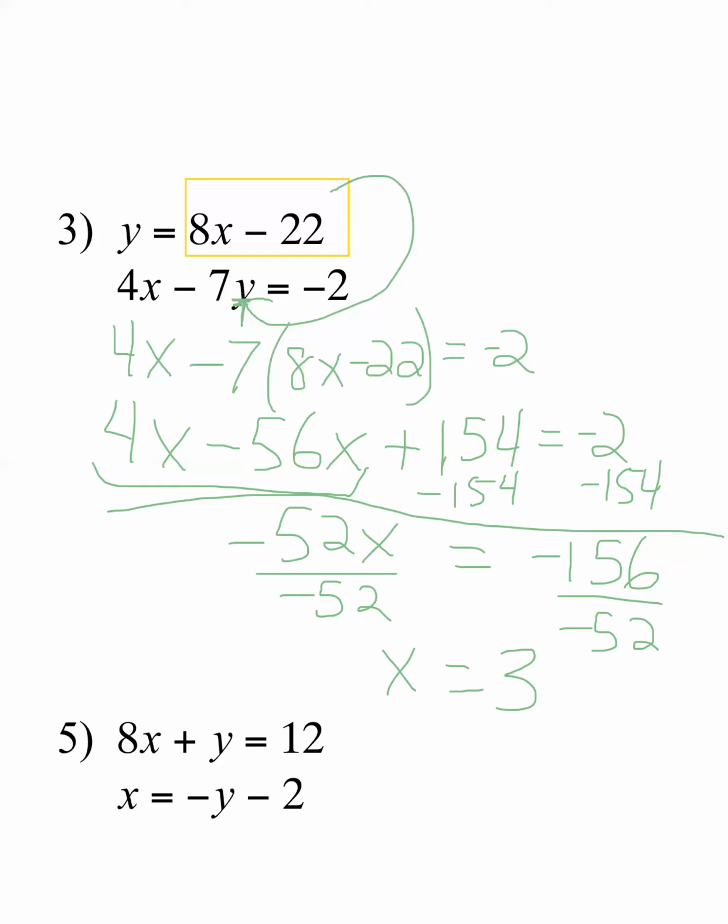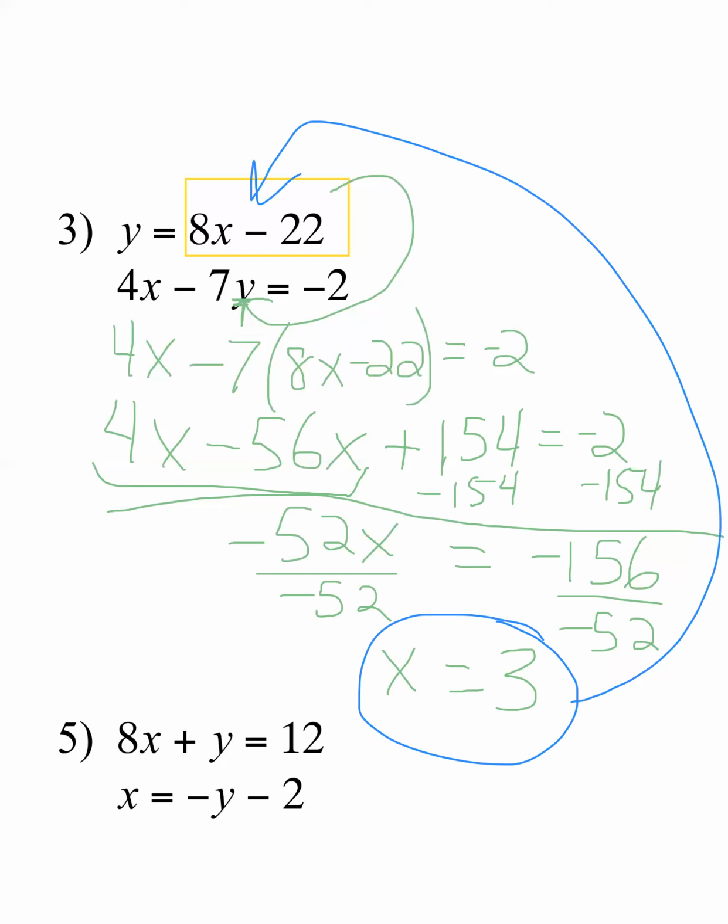So now I have half my answer. x is equal to 3. All I have to do now is take that value and go back to the box and plug in what x is equal to. Y is equal to 8 times 3 minus 22. Now that I know x is 3, I get 24 minus 22.